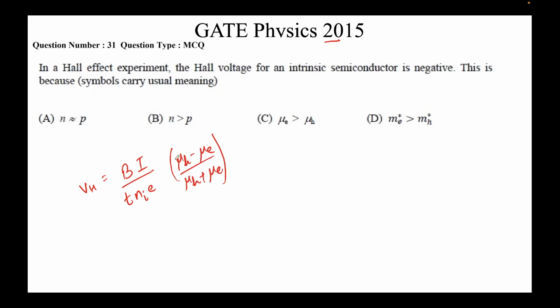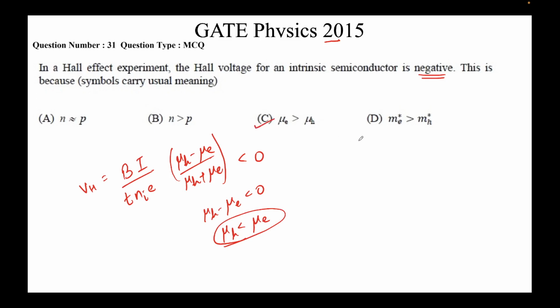It's only zero when mu H equals mu E, and we are given in the question that it is indeed negative. So if this quantity is negative, and all these other quantities are positive, this means that mu H minus mu E is less than zero, and that would mean mu H is less than mu E, right? That's the only case in which we have Hall voltage negative. So this is the correct option.